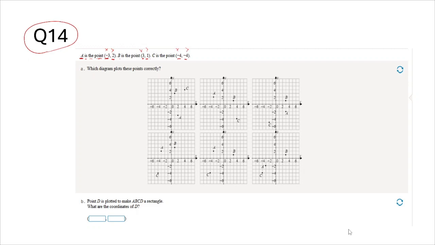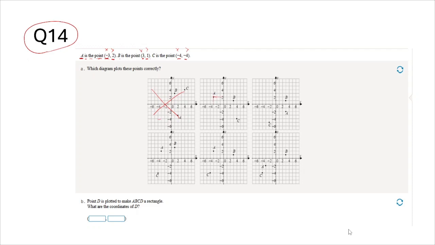Point A is minus 3 and 2, so x is minus 3. Counting x minus 3, 1, 2, 3, A is not here. That means this is not the right figure. Let's see the second figure. Minus 3, so 1, 2, 3, minus 3, and 2.